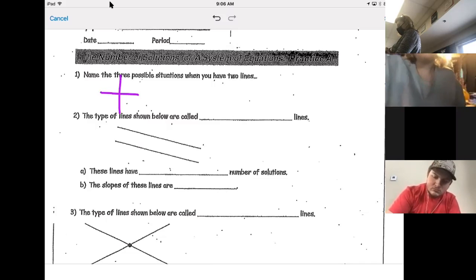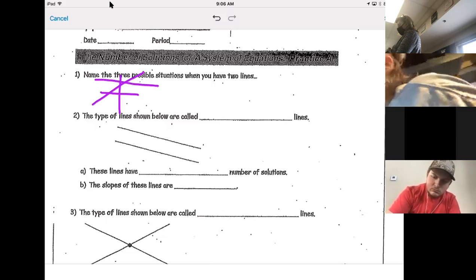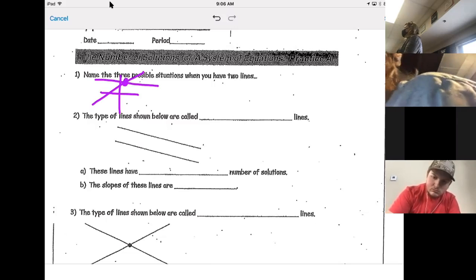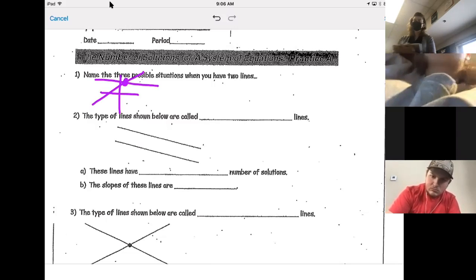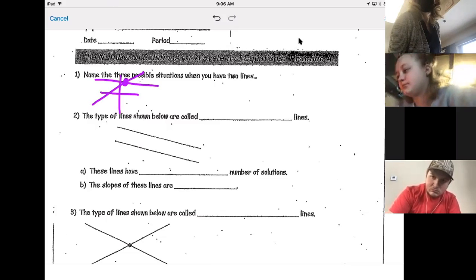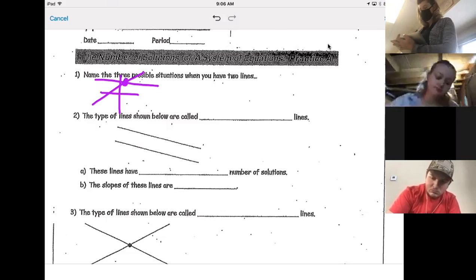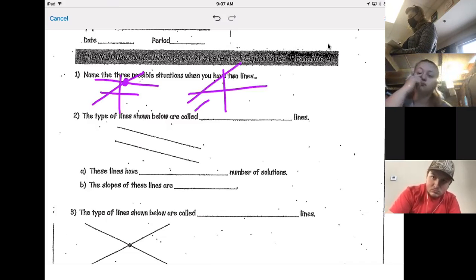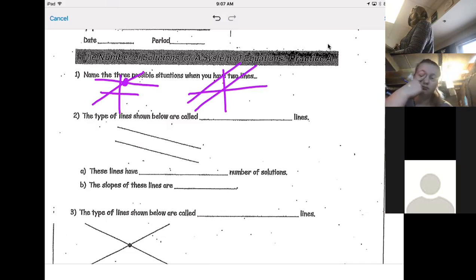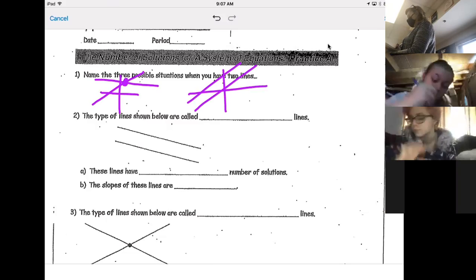We could have two lines that intersect at exactly one point, right? We could have two lines that are parallel that never touch, right?